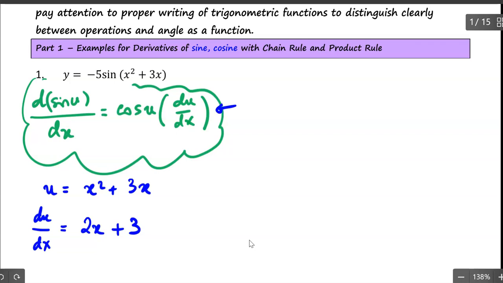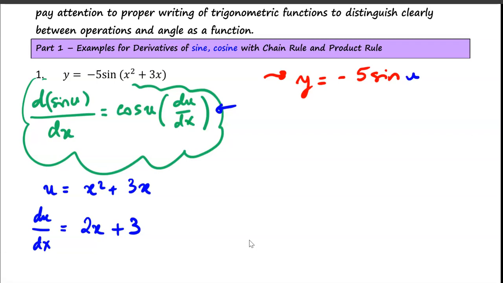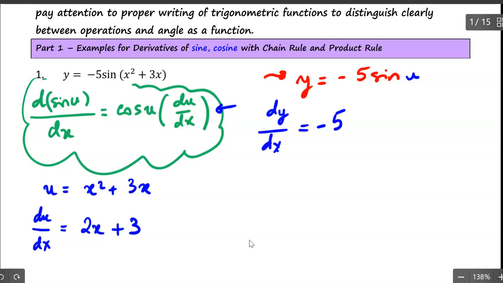Now you see y is equal to negative 5 times sine of your function u, and you already let u equal x squared plus 3x and found du over dx. So all you do now is find the derivative of this function. You immediately change this into negative 5 times sine of u, which means negative 5 times cosine of u, and then you multiply by du over dx.